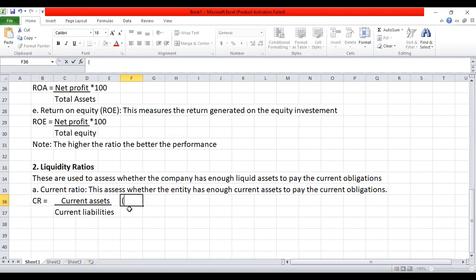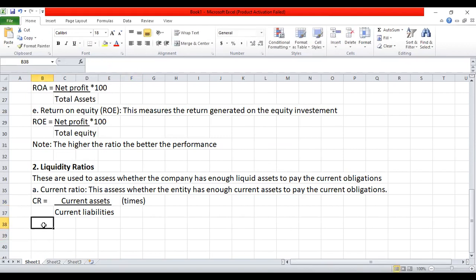The answer here is given in times. You are looking at the number of times your current assets can pay the current liability. So as we discussed in working capital, this ratio should be 2 to 1, in that range, 2 to 1. I think we talked about that.